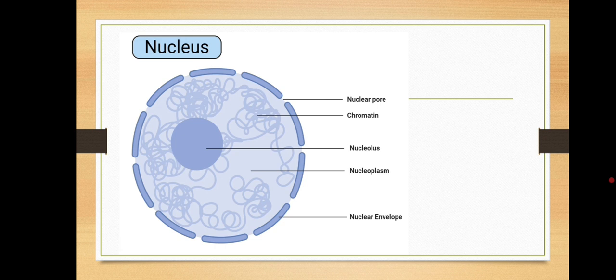Then the chromatin. Our DNA exists in the form of chromatin. Chromatin is, as the name suggests, a histone protein around which DNA is wrapped. So when DNA is wrapped around a histone protein, we call it chromatin.